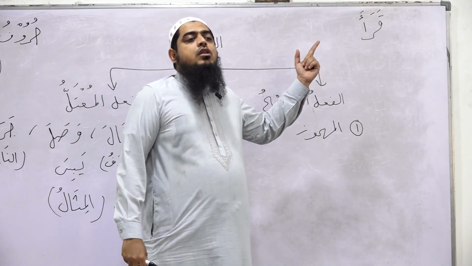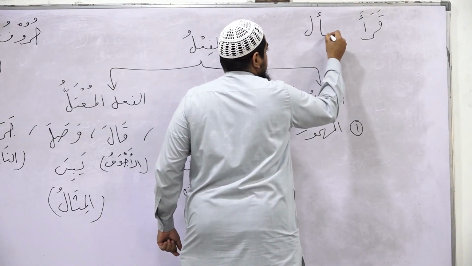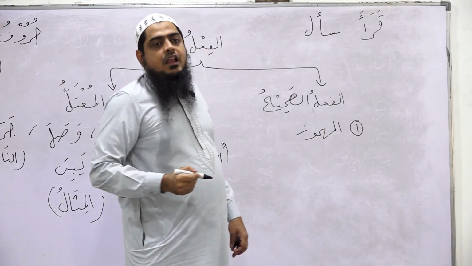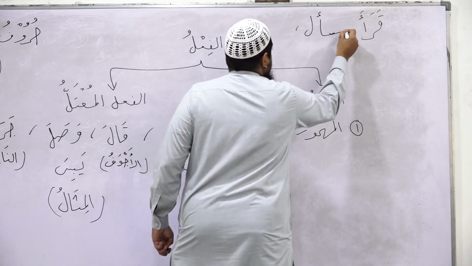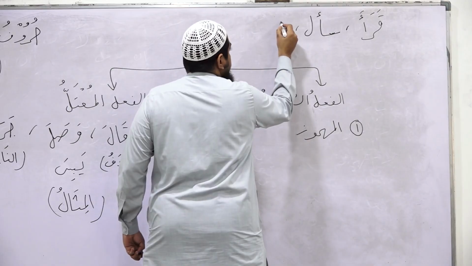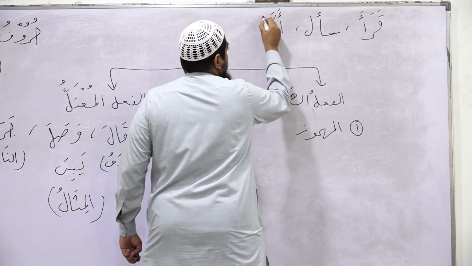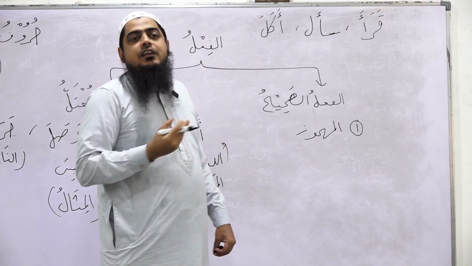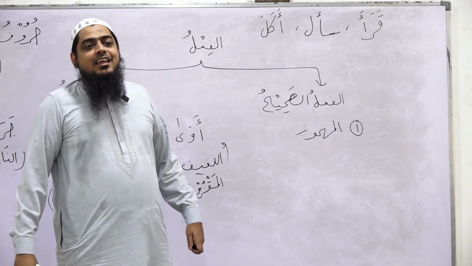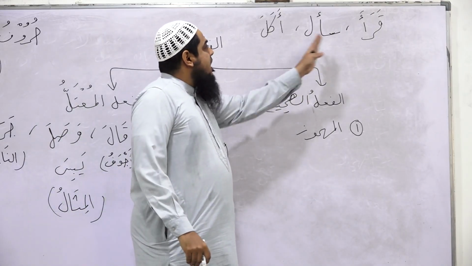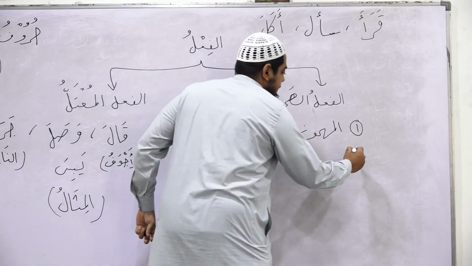They say mahmuzul lam. Sa'ala: where is the hamza now? Ayn. Mahmuzul ayn. And you have akala, one of the most beloved fi'l. Where is the hamza? Fa kalima. So these are varieties of mahmuz.